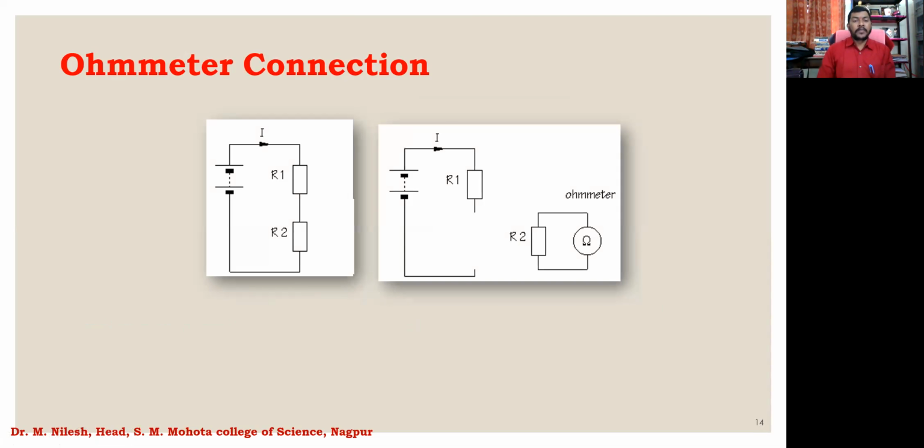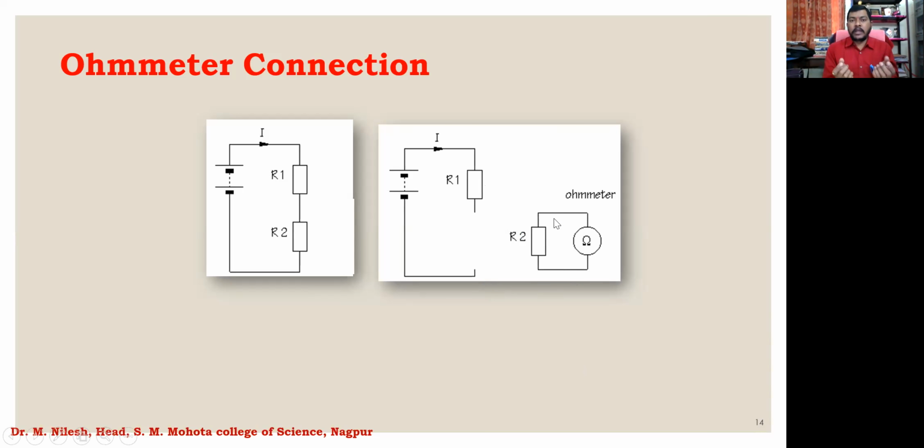Now the last connection is for the ohm meter. The ohm meter is to measure the resistance of a load, right? Whenever you need to measure the resistance, do not measure it in a circuit. You have to take that resistance out of the circuit, and then put the meter over there, and you can measure the resistance.